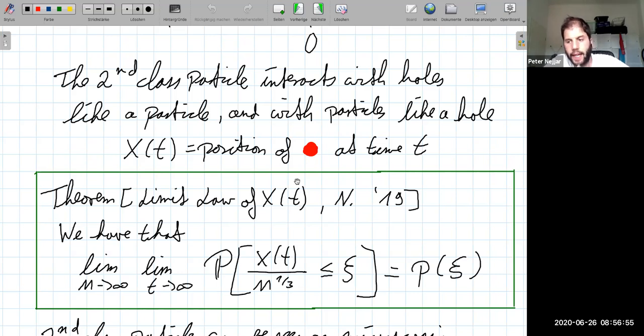So basically, the second-class particle is telling you where the density 1 region is and where the density 0 region is.